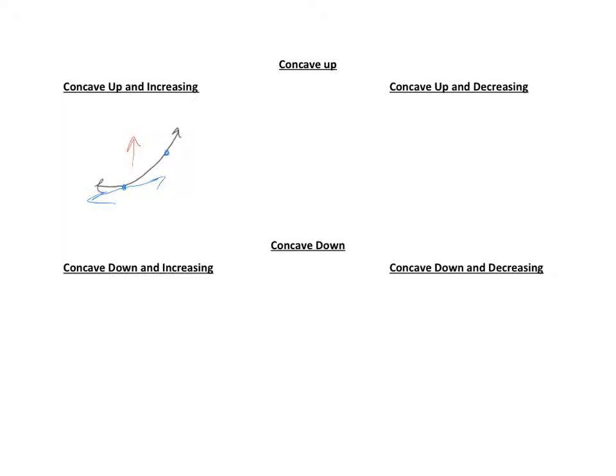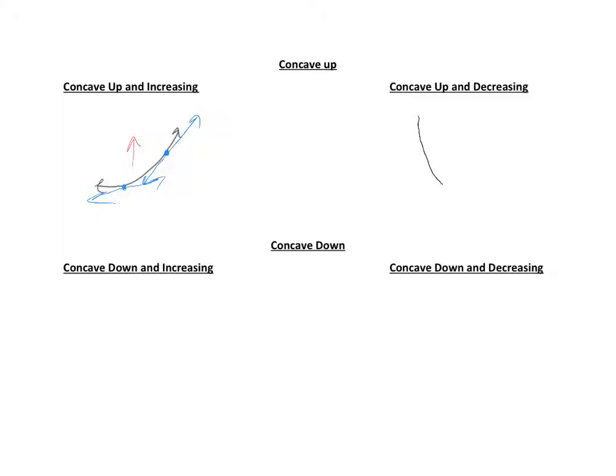But if I pick this point here, it's still a positive slope, but notice now that it's steeper. So the concavity, the fact that it's concave up and increasing, actually speeds up the rate of the increasing.